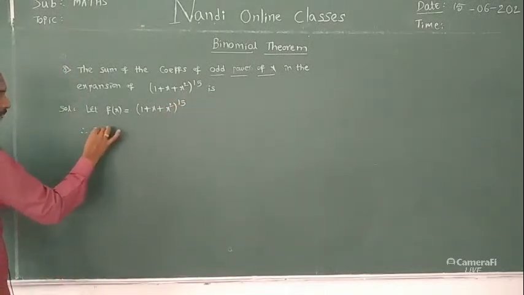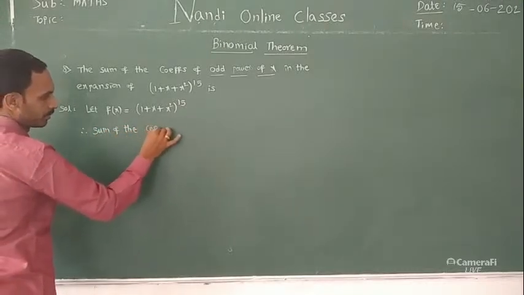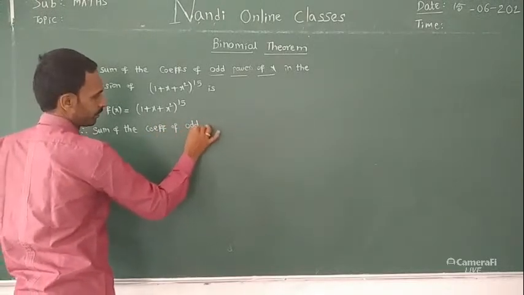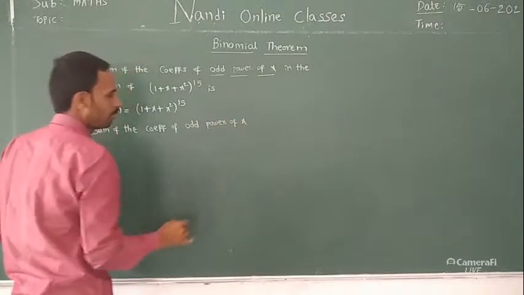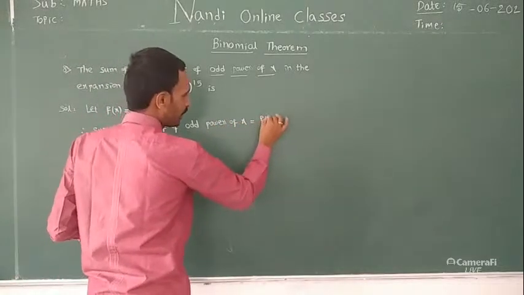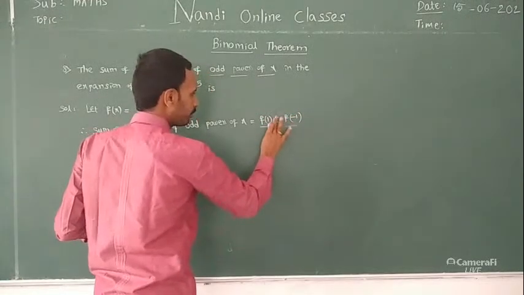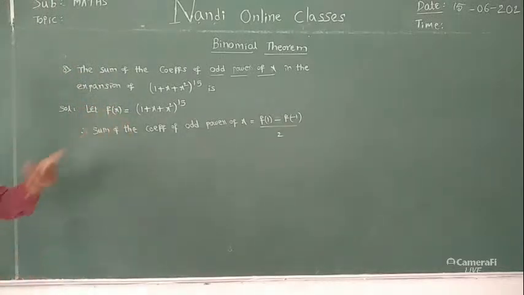Therefore, the sum of the coefficients of odd powers of x formula is (f(1) + f(−1))/2. Sorry, here minus will come. For even powers it is plus in the middle, for odd powers minus.